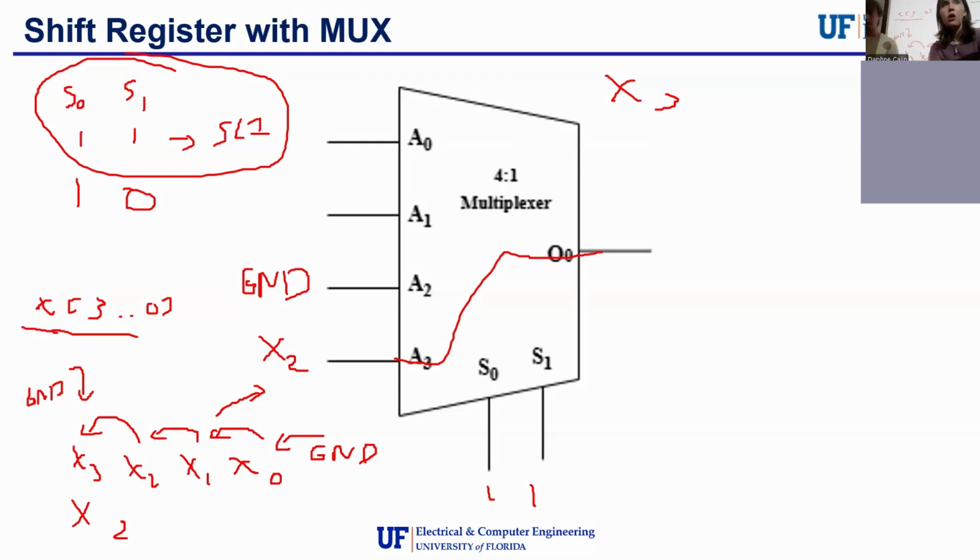Or you might need a more complicated setup if you're doing 2's complement and you want to preserve the sign bit, which would be x3 in this case, then you would just need to adjust this. This is specifically for the case, which is probably what you will most likely encounter in this class, where you just replace the bit going in with 0 or ground, or the bit going out with 0 ground.